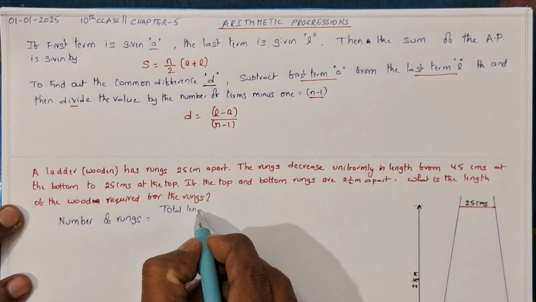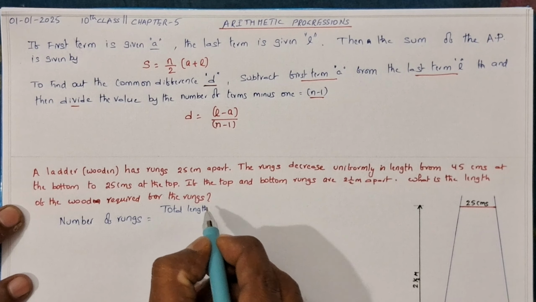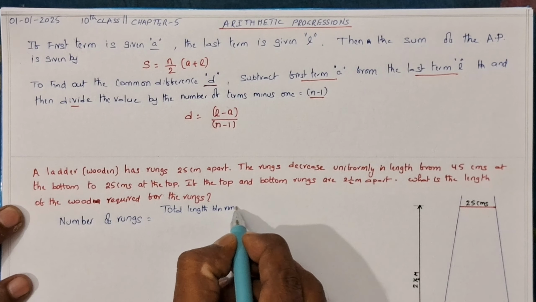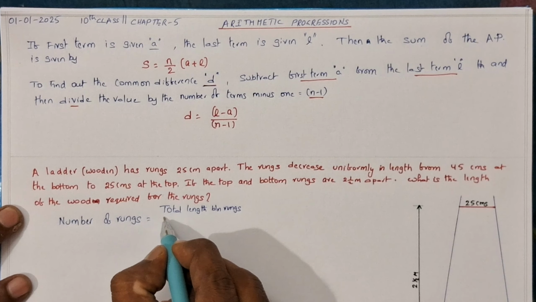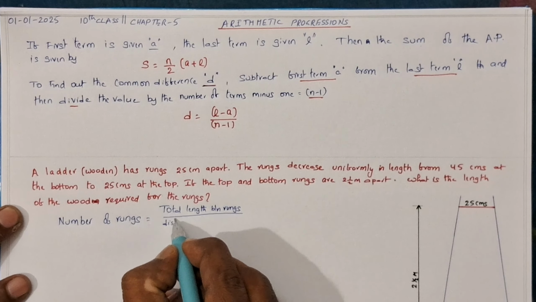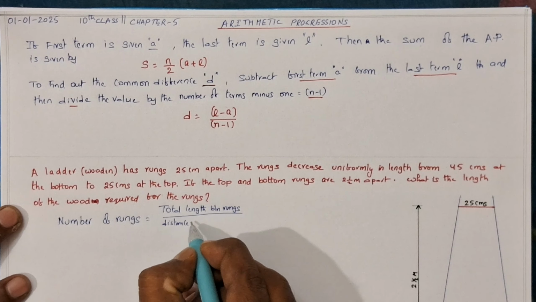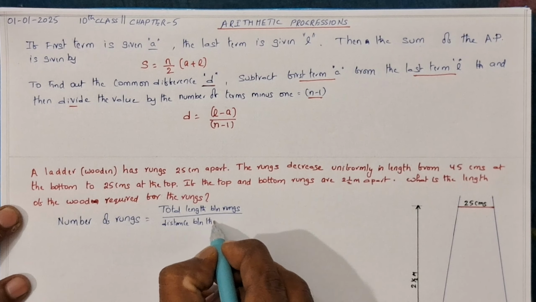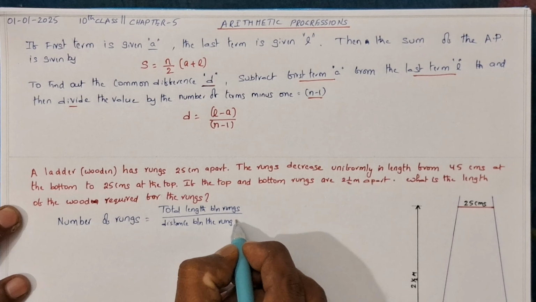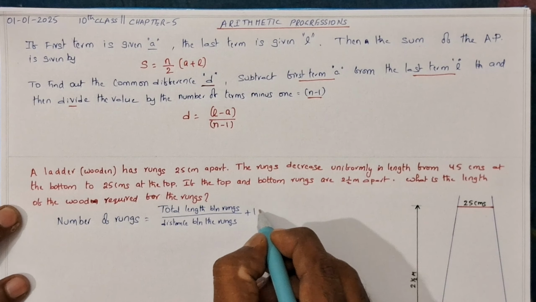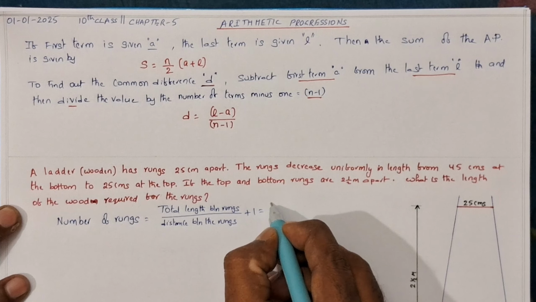Total length between rungs divided by the distance between the rungs. Here we have to add plus 1. I will tell you why we need to add plus 1 here.